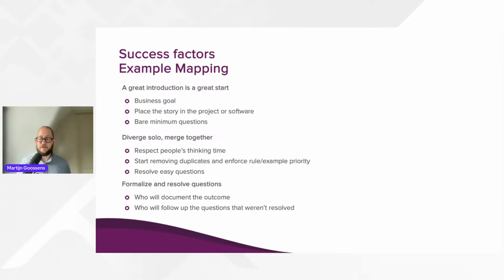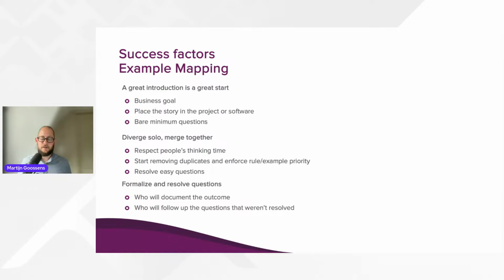You can start removing duplicates and enforce those rule and example priorities, making sure that the first things happen first, and resolve the easy questions, because those questions are something that you dive into at the end, but it might be that one of those questions is a very easily answerable rule that you can add.